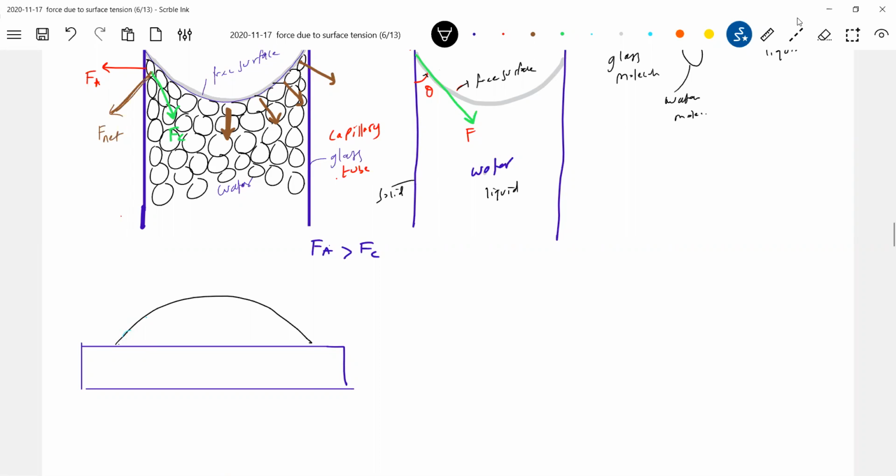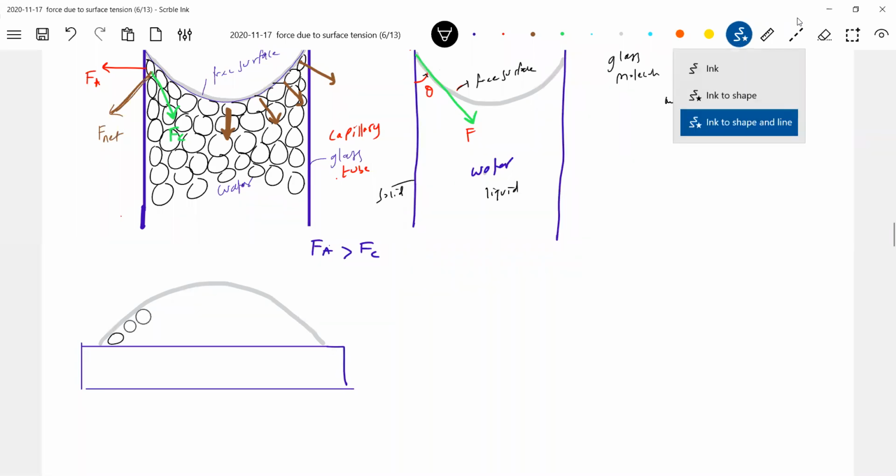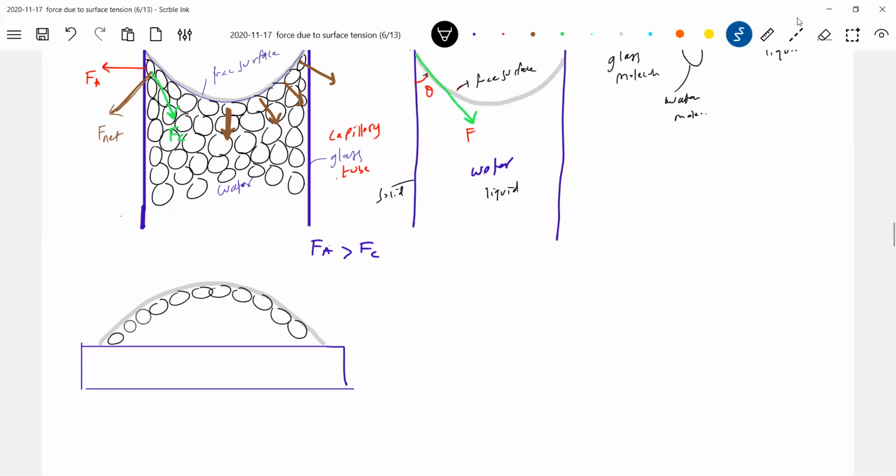Black color. There's a free surface, no? The molecules. Many will be there, but for understanding purposes I'm showing a few.